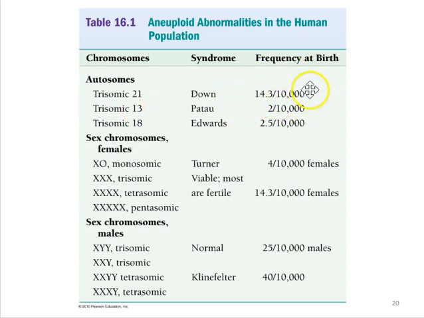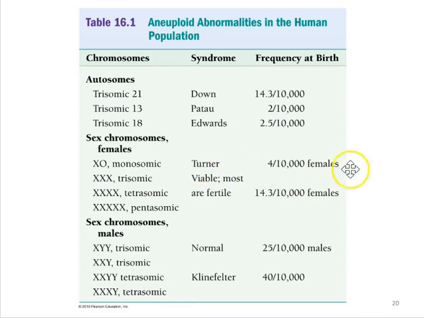And this is the frequency of that condition at birth in the global population of humans. Trisomies 13 and 18, which are called Patau syndrome and Edwards syndrome, are also relatively well tolerated, although individuals with those conditions tend to be less healthy and well than people with Down syndrome overall.